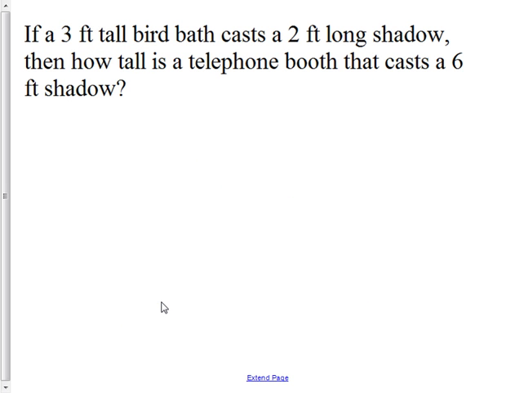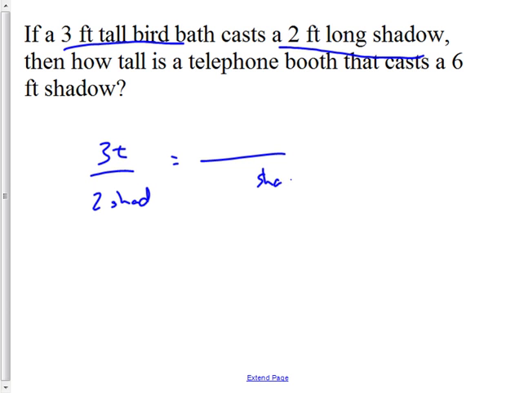Okay, trying the next one. It says a 3-foot tall bird bath casts a 2-foot long shadow. So I'm going to say 3 feet tall bird bath, and it's a 2-foot shadow. So again, these labels here are just to help me get things lined up. I know that I'm going to have a shadow on the bottom, and I'm going to have the tall part on the top. It says then, how tall is a telephone booth that casts a 6-foot shadow?